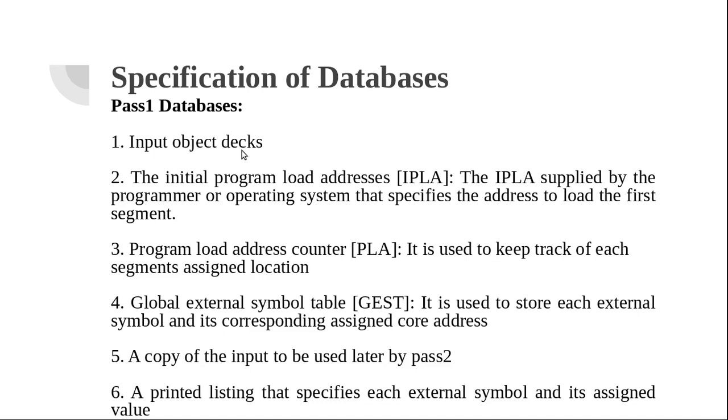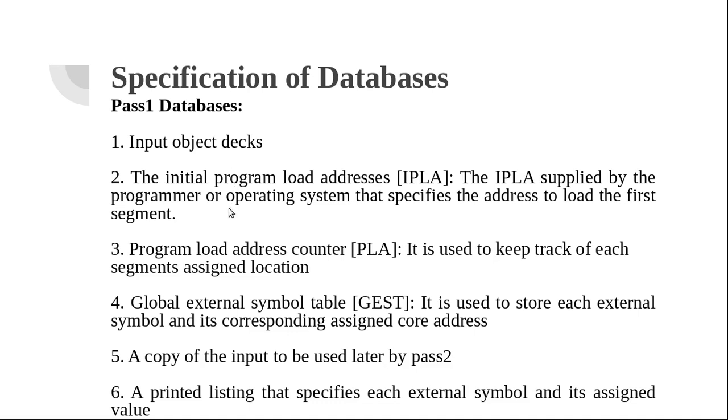Now we'll start with the pass 1 databases. The input to pass 1 is the object deck. The object deck contains 4 cards: external symbol dictionary card, that is the ESD card, text card, RLD card, where RLD means relocation and linkage directory card, and end card.